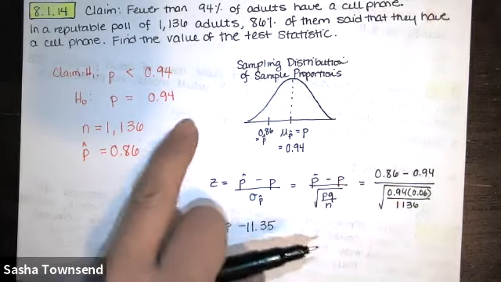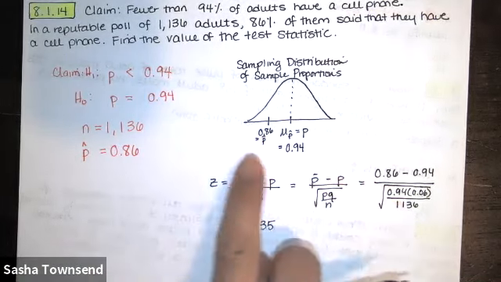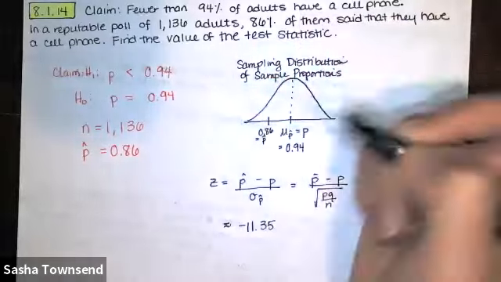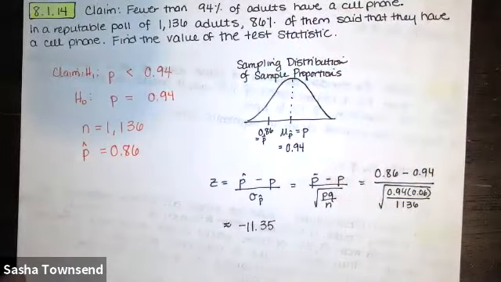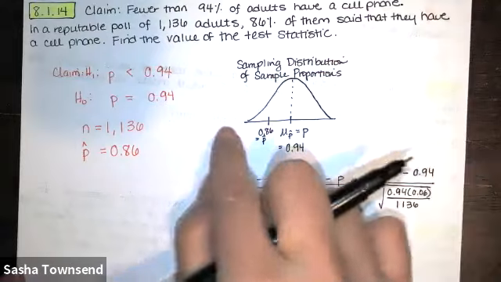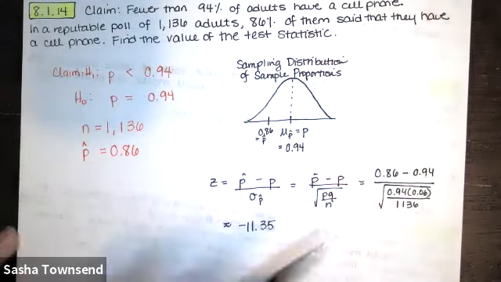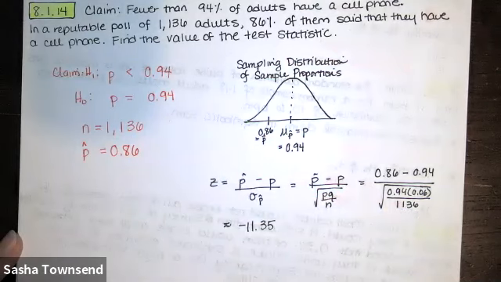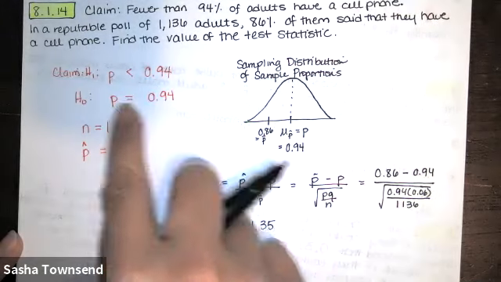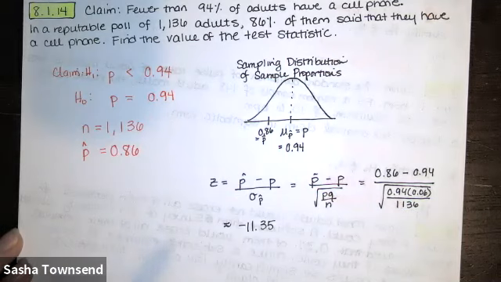So it's going to be way, way, way far out here. I drew it and it looks like it's maybe between 2 and 3 standard deviations, but it's not. It's way down here. And that means that that's significantly low if this population proportion is truly 94%.